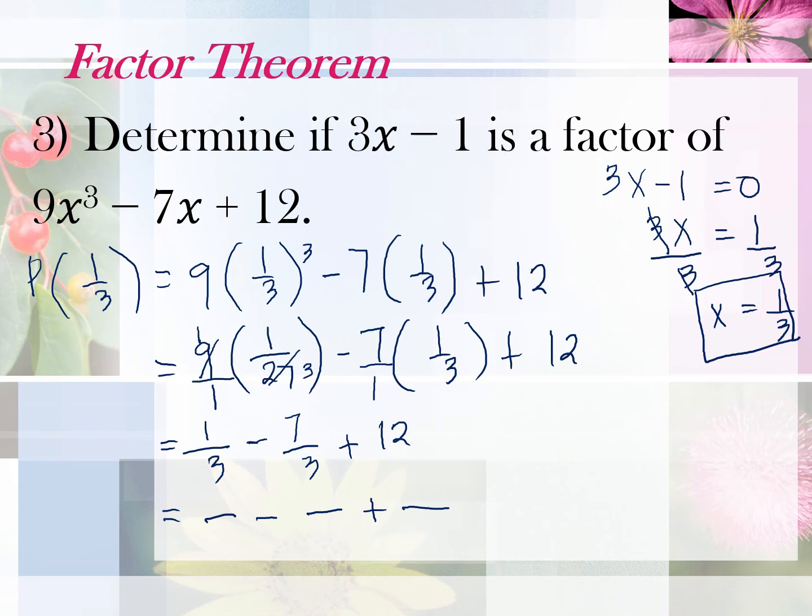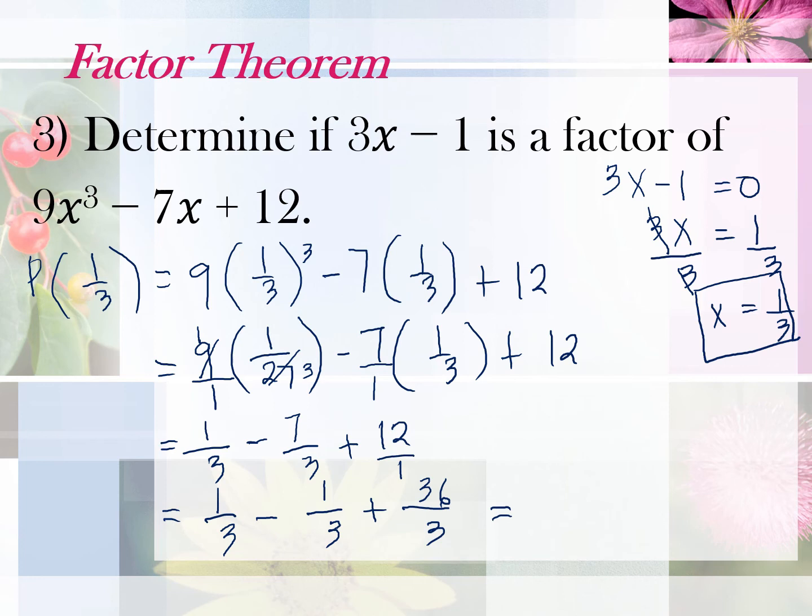So, dahil over 1 yung 12, it means ang LCD ng 3, 3, tsaka 1 ay 3. So, 3 ang gagamitin nating denominator. So, since 3 na yung denominator yung dalawang term, so copy na lang natin yung numerator. Sa third term, 3 divided by 1 is 3 times 12 is 36.